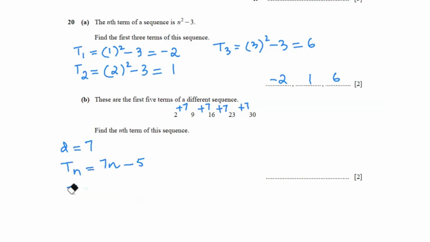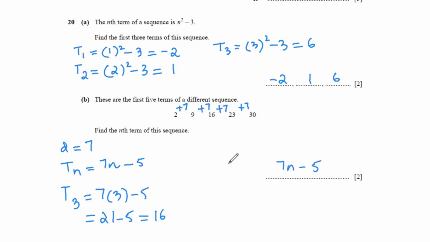Now if we use 7n minus 5 for the sequence and try to find, let's say, the third term, it would be 7 times 3 minus 5, which is 21 minus 5, and that does equal 16. Hence, our nth term for this is 7n minus 5.